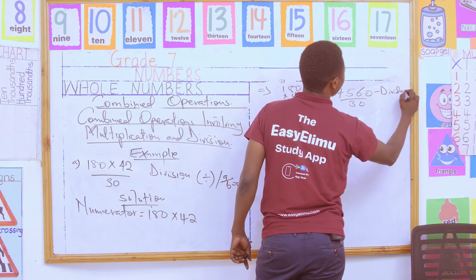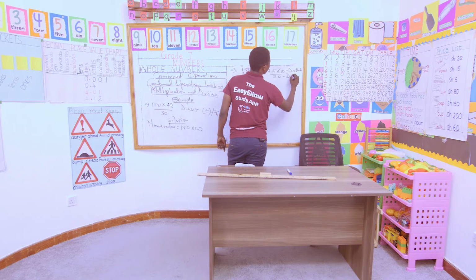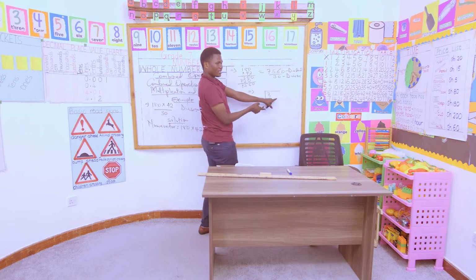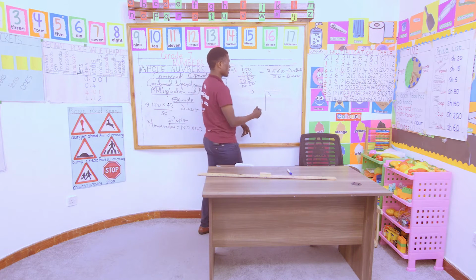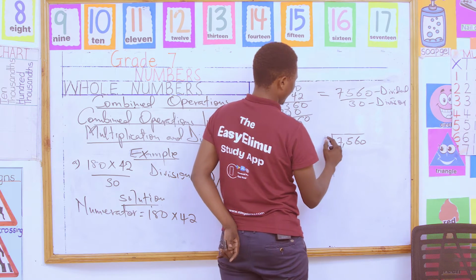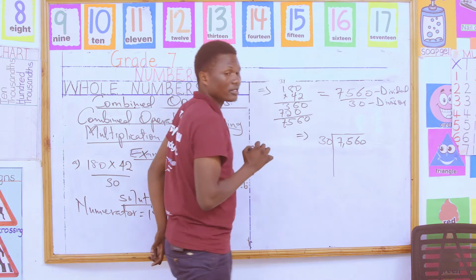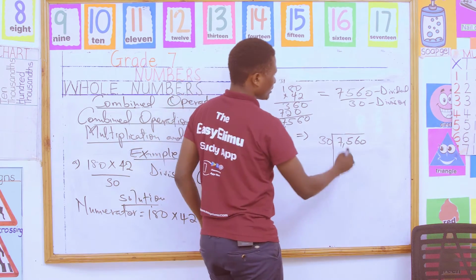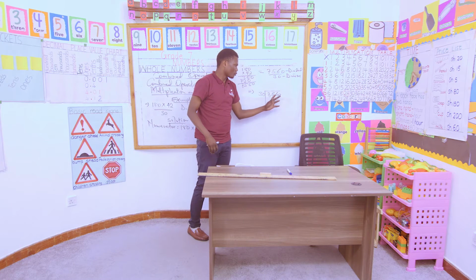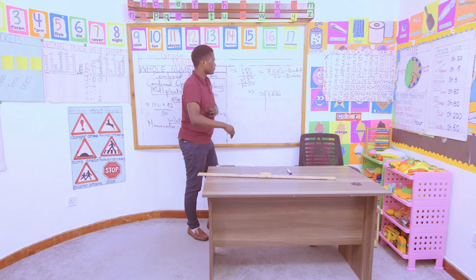This is our dividend, and this is our divisor. The dividend is normally written inside the division sign, and this is where we write our divisor. Are we together? Yeah.